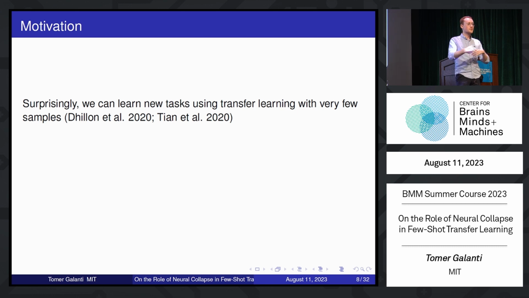Now it moves in the direction of extending the standard setting. I will try to analyze a very simple setting in which there is some similarity between the classes. Now we are talking about extending it to what happens if the tasks are very different, or the similarity is low, or there is some discrepancy between the two tasks.